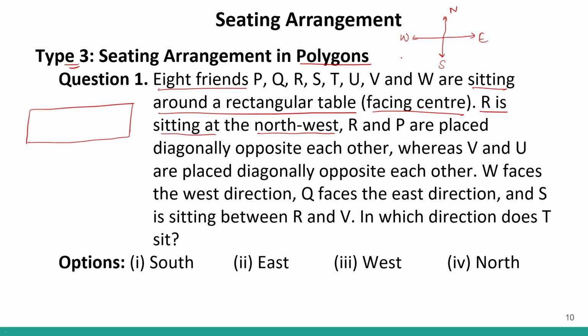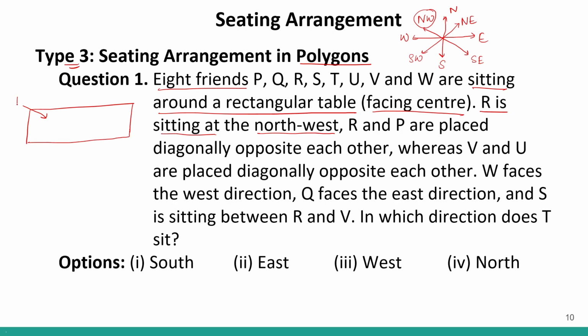Then we have certain secondary directions: northeast, southeast, southwest and northwest. Correct? In the question, it is given to us that R is sitting at the northwest. So northwest is this position. In this table, which corner will be the northwest? In this table, this will be the northwest.